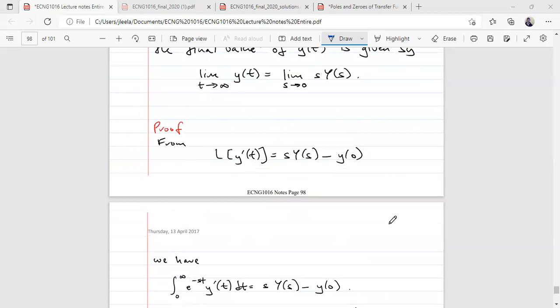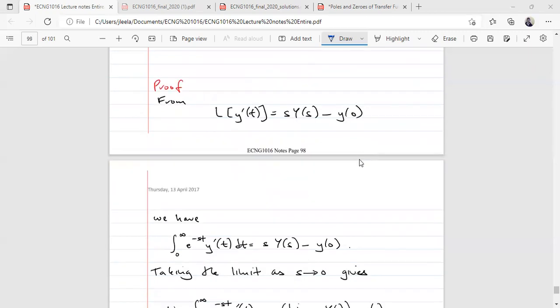And the proof of that: the Laplace transform of the derivative of y(t) is sY(s) minus y(0).